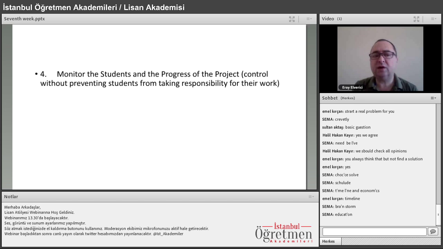That control without preventing students from taking responsibility for their work. What is the meaning of monitor here? What do you do when you monitor the students?